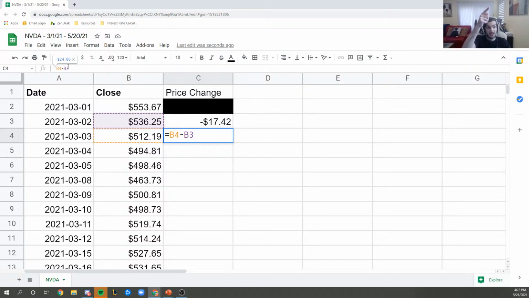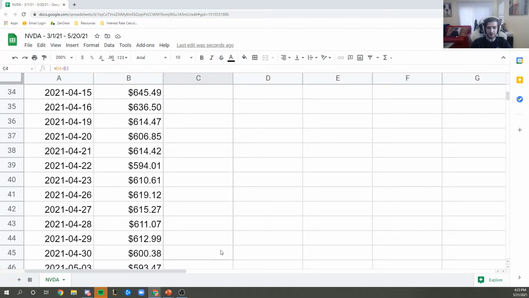So I dragged it down one box. So what did it do to the cells that it was pointing to? When our formula went down one, the two things it was looking at went down as well. So as we move the formula down, those cells will also change.